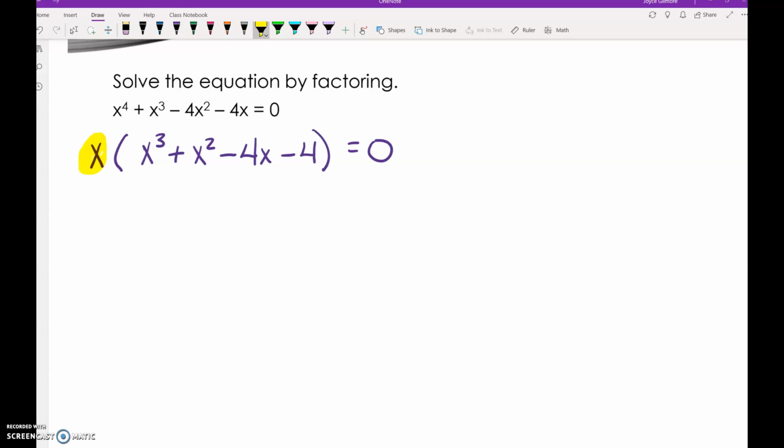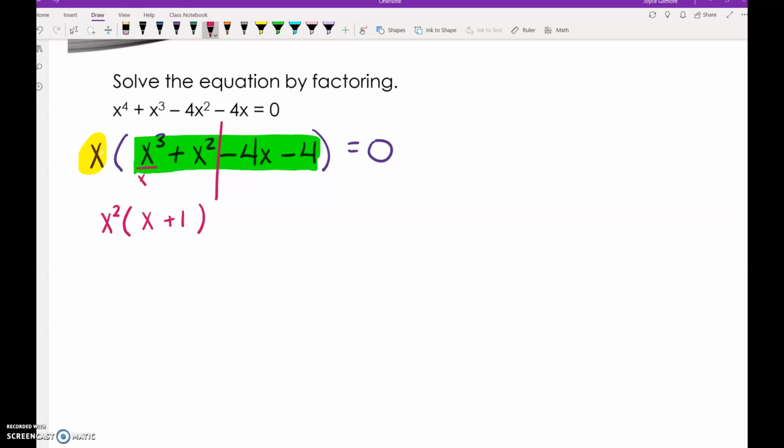Okay, this x we need to save for later. Let's focus on the 4-termed polynomial inside the parentheses. We need to split that down the middle. What does the left side of that pink line have in common? x squared. And that would leave us with x plus 1.